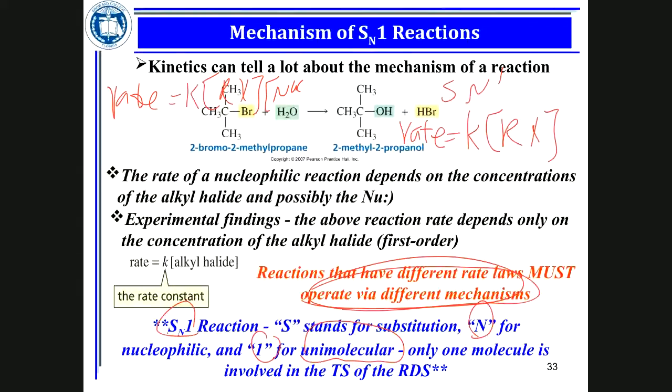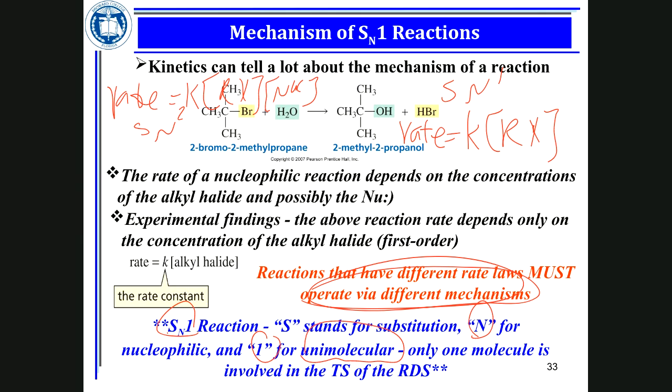But for an SN1 reaction, where you have a tertiary alkyl halide, if the concentration of the nucleophile changes, the rate does not change. That means the rate of the reaction is not affected by the concentration of the nucleophile.